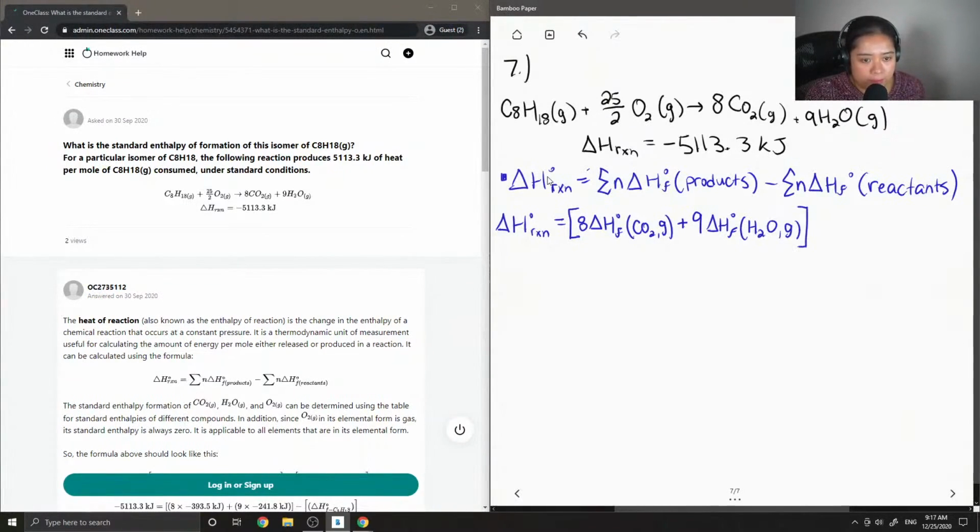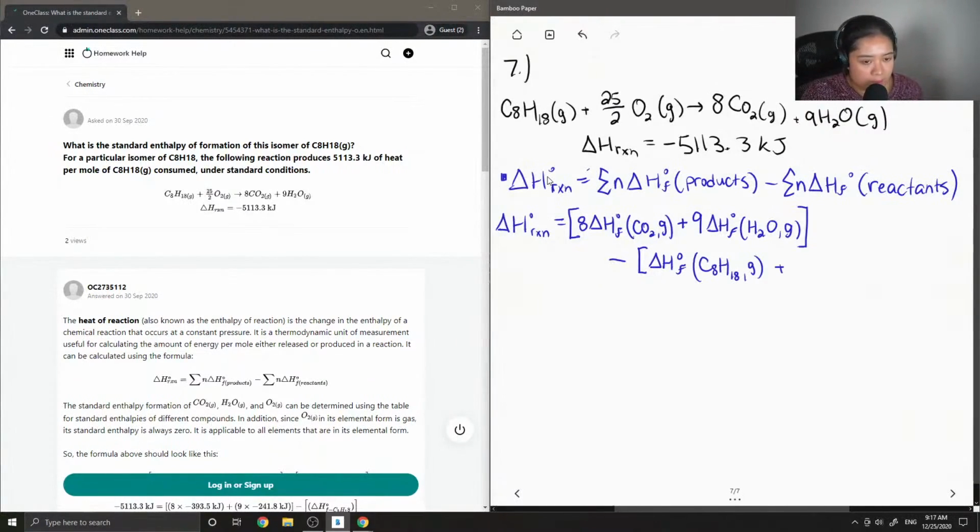And now I'm going to subtract our reactants. So our reactants is 1 mole of the octane, so I don't need to write any coefficient in front of it. And this is what we are trying to solve for. C8H18 gas.